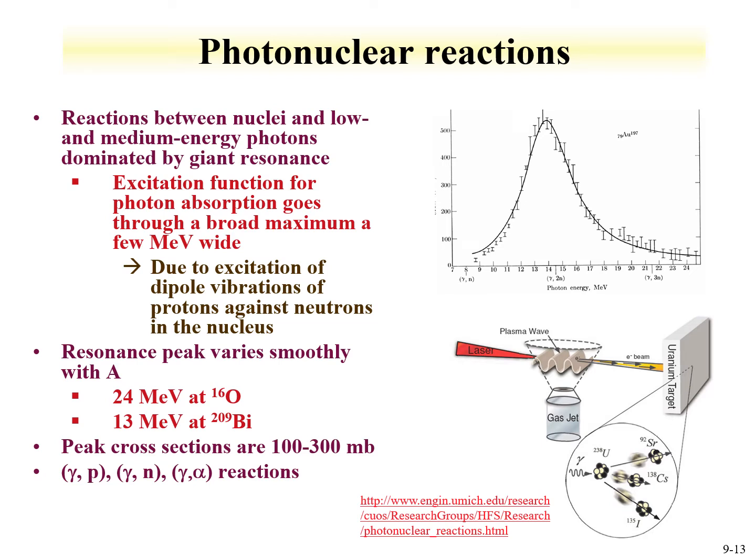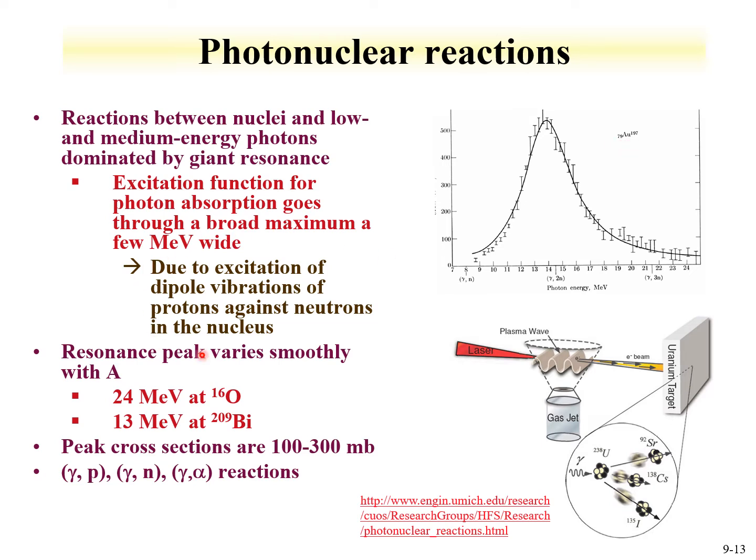Now, it's also possible to have nuclear reactions using photons. And these reactions between nuclei and low and medium energy photons are dominated by a giant resonance. These excitation functions for the photon absorption go through a pretty broad maximum, a few MeV wide, shown here for the reaction of photons on gold-197.